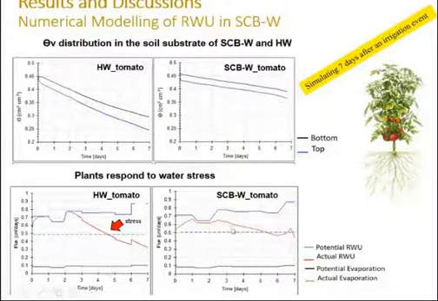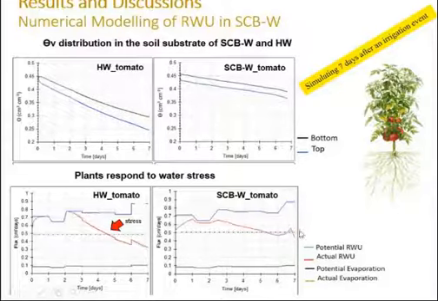Now, if you compare it to the smart soil, because the smart soil has the capillary barrier and stores the water, the moisture content is higher in the soil, and therefore the plant did not experience stress. Even after 5.5 days, it still did not go beyond 0.5.